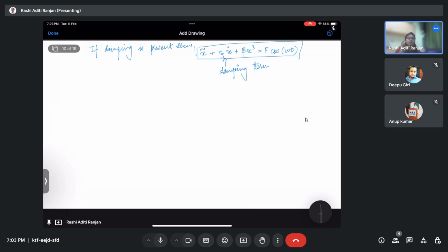Okay, so we will again find x dot, x double dot, the expression for x cube, and we will put it in the equation. So I'll write the final equation which we are going to get after equating.